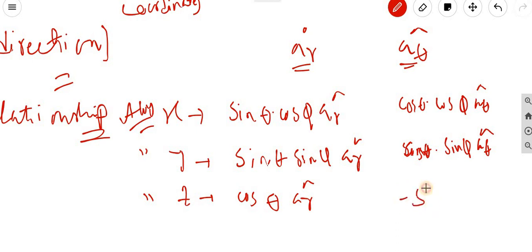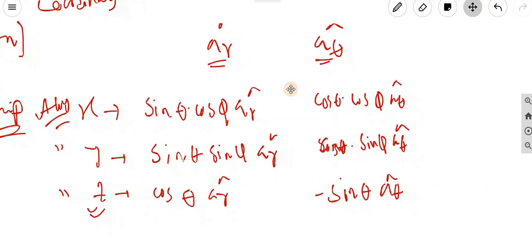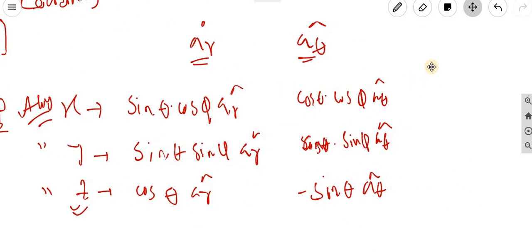This is the sin theta A theta, because this is negative direction, because we got this component as the reverse direction of Z. Okay. Now this is the minus sin phi A phi.